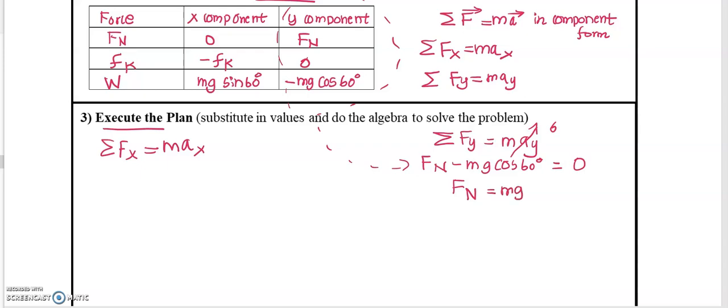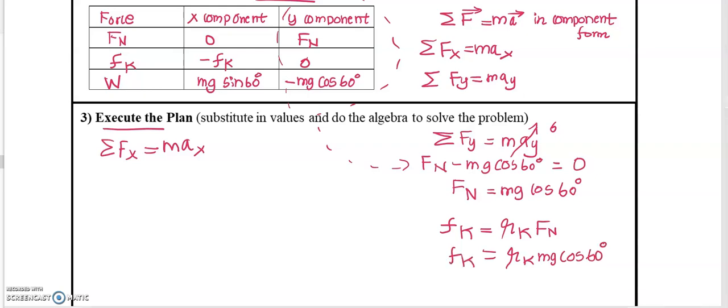The object is not moving perpendicular to the inclined plane. It's moving along the inclined plane. So normal force is equal to mg cosine 60. And we know that kinetic friction is equal to the coefficient of kinetic friction times the normal force, and the normal force is equal to mg cosine 60. So we get an expression for the kinetic friction.